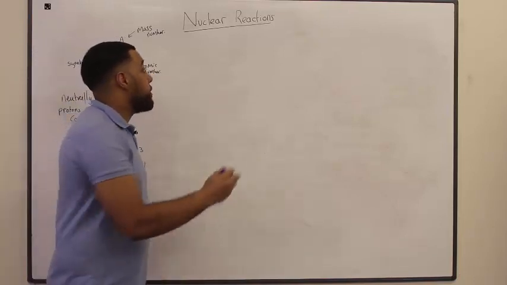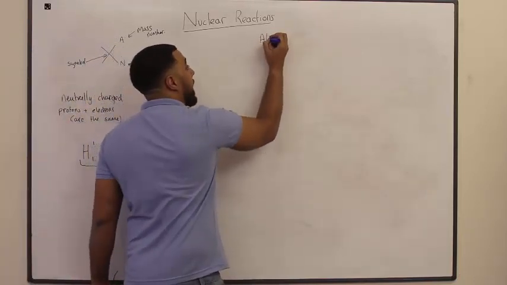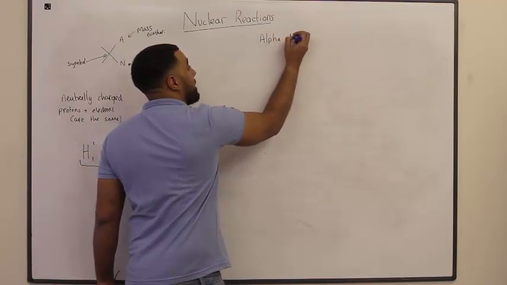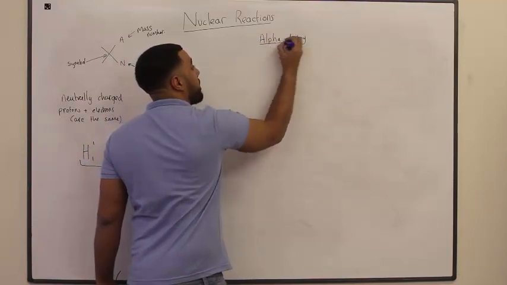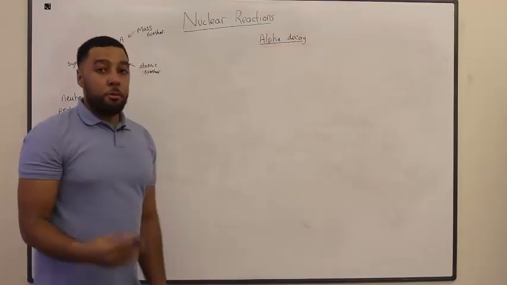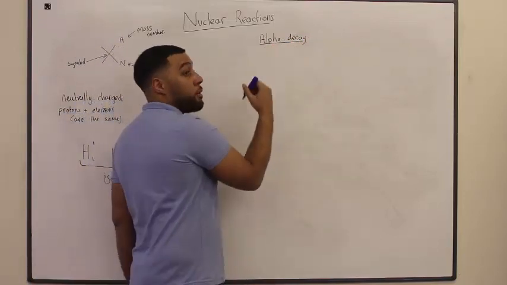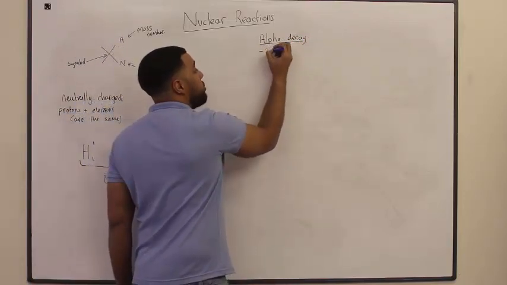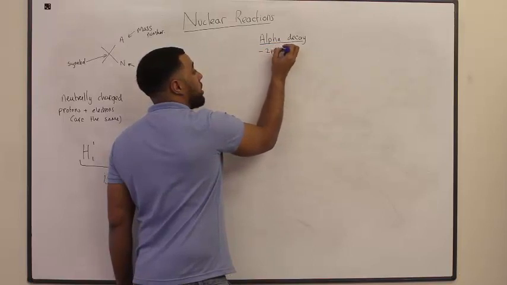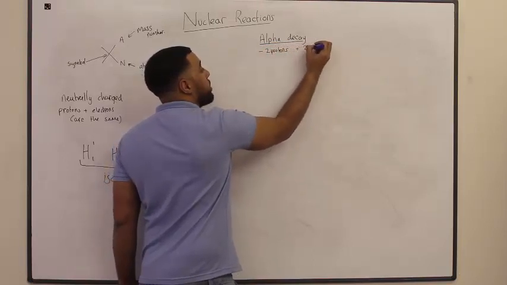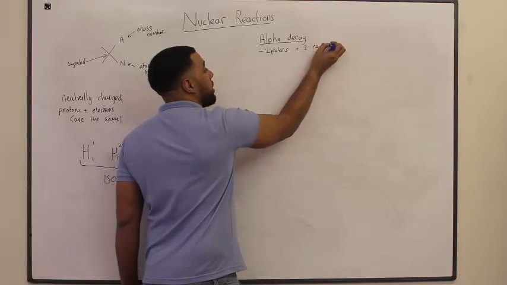So let's take a look first of all at alpha decay. You remember from previous videos that alpha radiation is made of 2 protons and 2 neutrons.